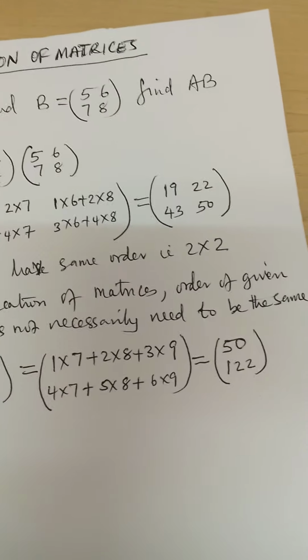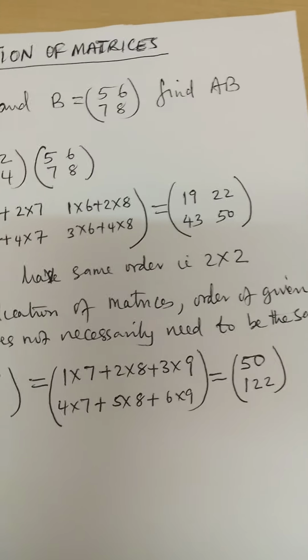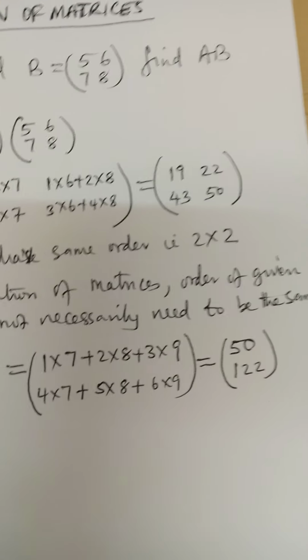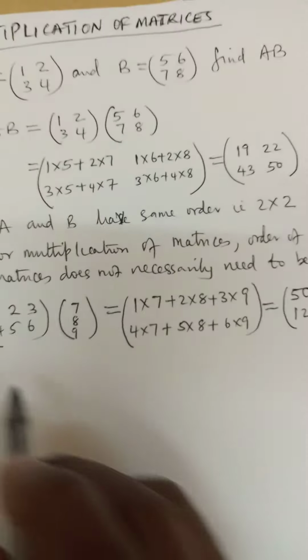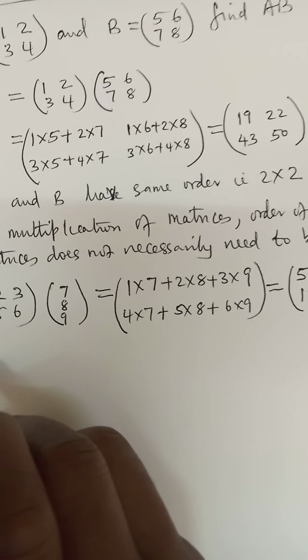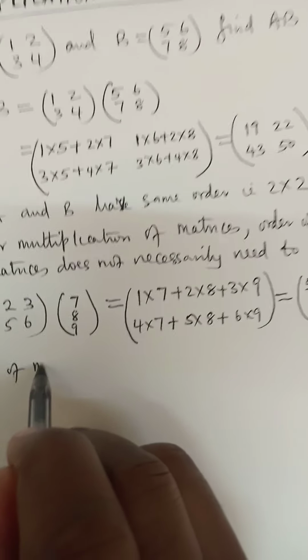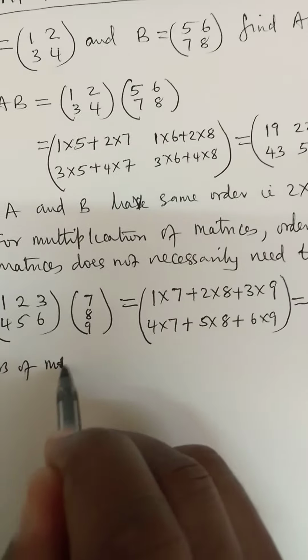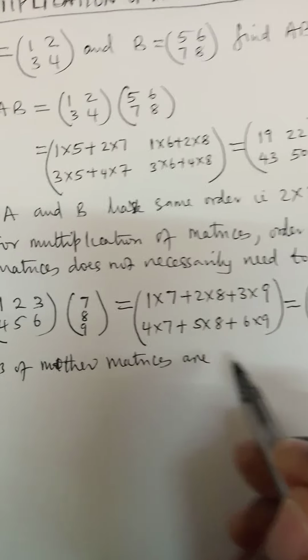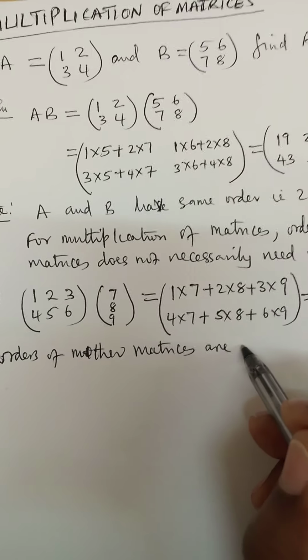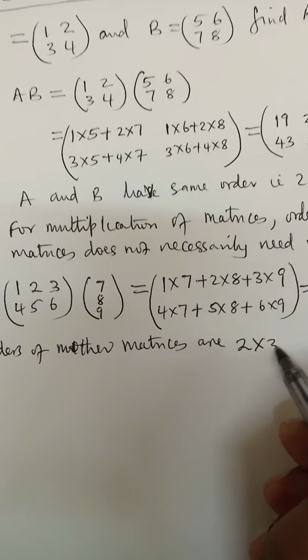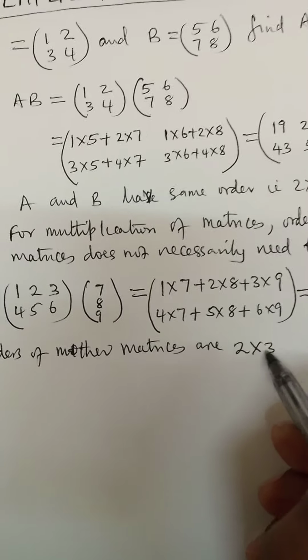This can now lead us to a conclusion that the orders of the matrices for this question are 2 rows by 3, and then 3 by 1. Those are the orders.